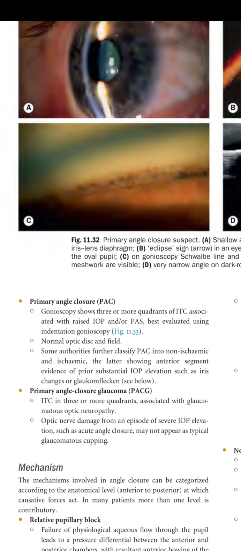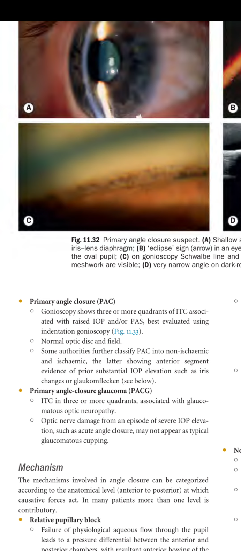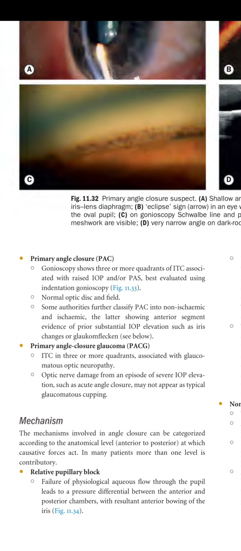Some authorities further classify primary angle closure into non-ischemic and ischemic, the latter showing anterior segment evidence of a prior substantial IOP elevation such as iris changes or glaukomflecken. Ischemic already has the signs of prior IOP elevation. Glaukomflecken are lens infarcts present as white spots on the lens capsule.